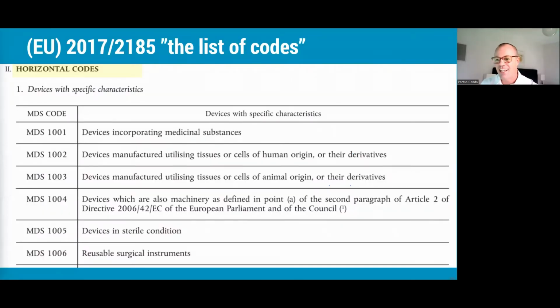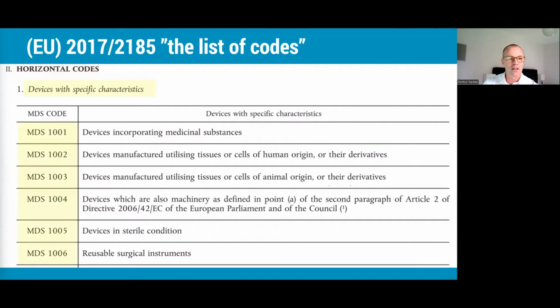So looking into the regulation again, we find these horizontal codes, and they start with devices with specific characteristics, the MDS codes. There are 14 codes for those specific characteristics, so the list here is not complete for this group, and it is under these MDS codes where you find the different sterilization codes, for example, MDS 1005.